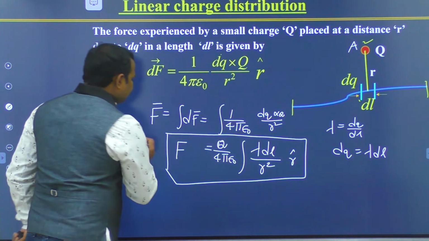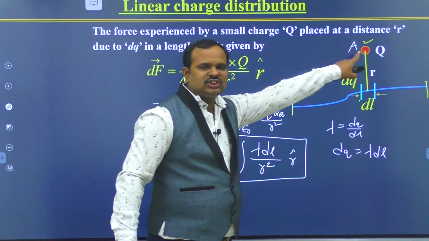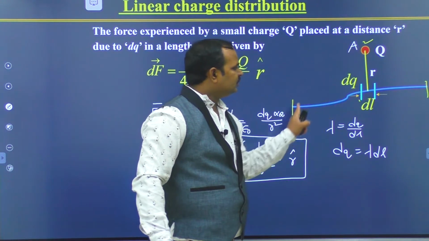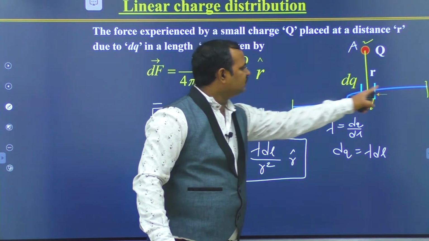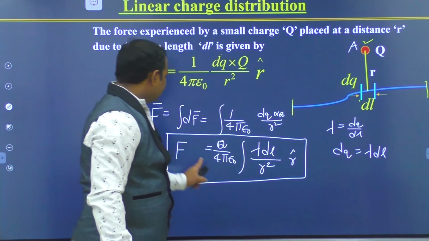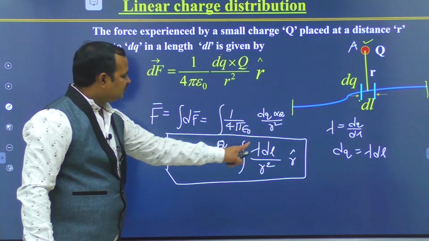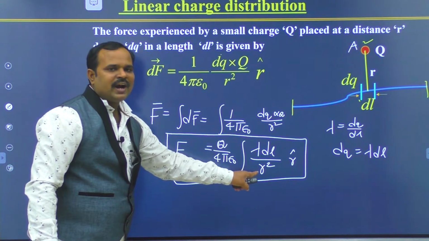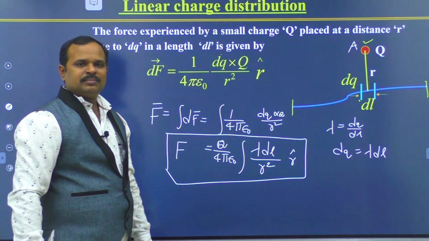This is the force experienced by the charge q due to the line charge from here to here, that is, the total linear charge distribution. F is equal to q by 4 pi epsilon naught integration of lambda dl by r square r cap.